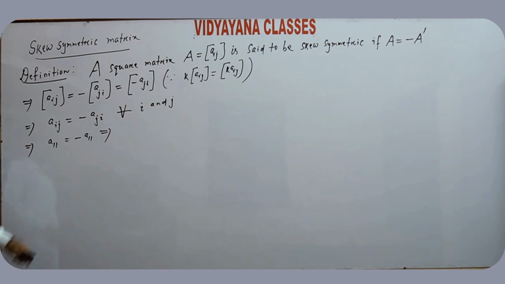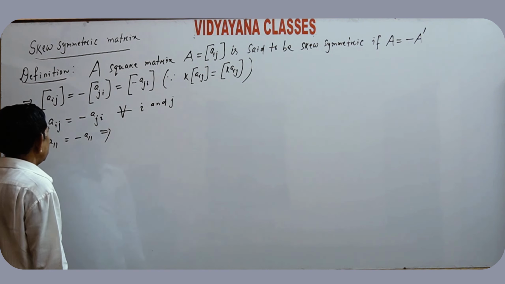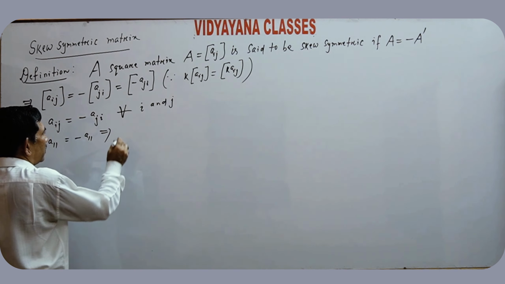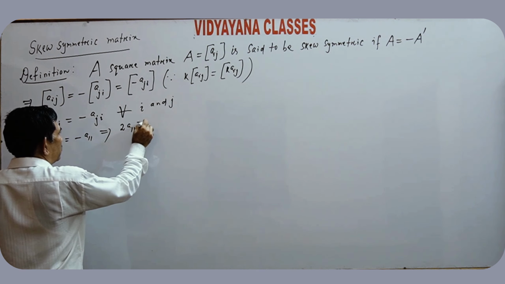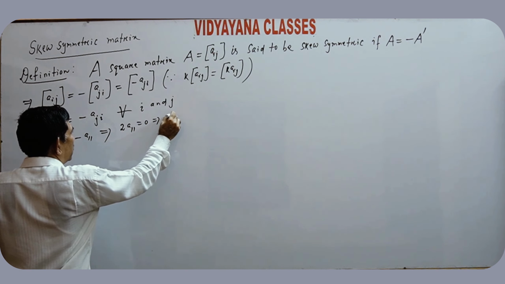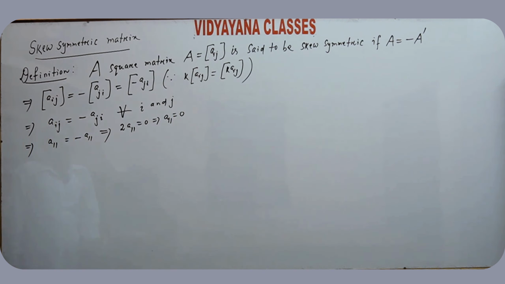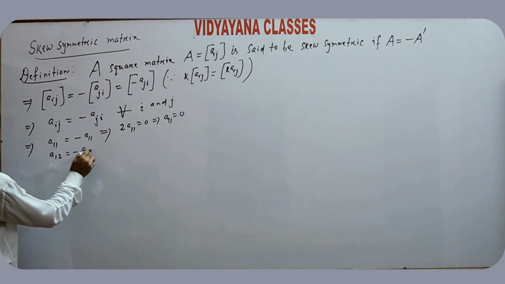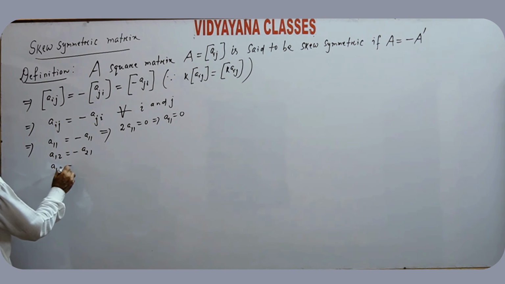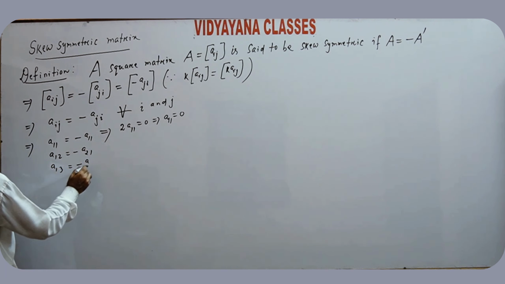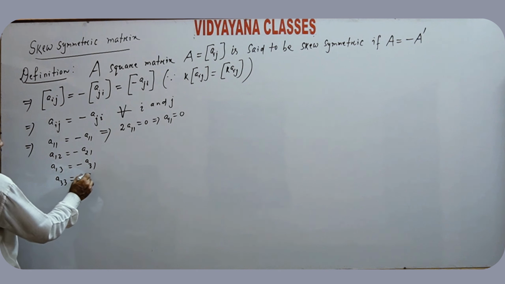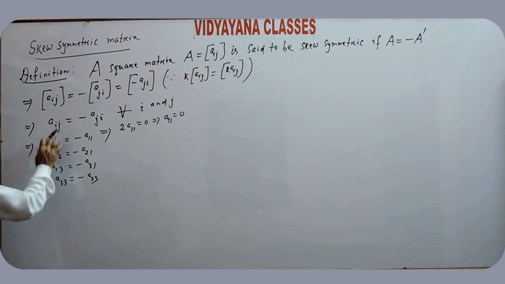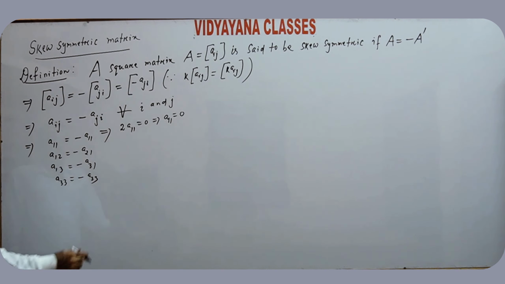For i equal to 1, j equal to 1, A11 is equal to minus A11, implies 2 times A11 is equal to 0, that implies A11 is equal to 0. A12 is negative of A21. A13 is equal to negative of A31. A33 is negative of A33, since i equal to 3, j equal to 3.